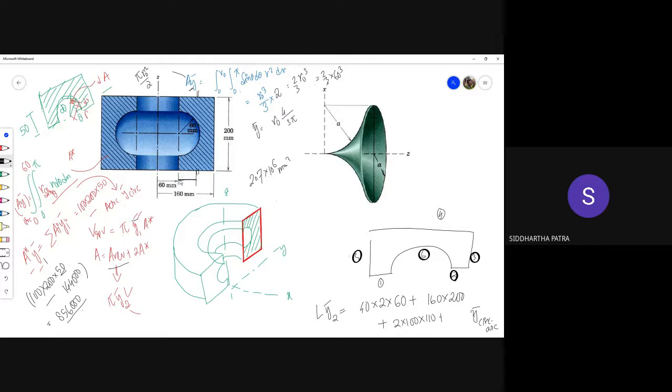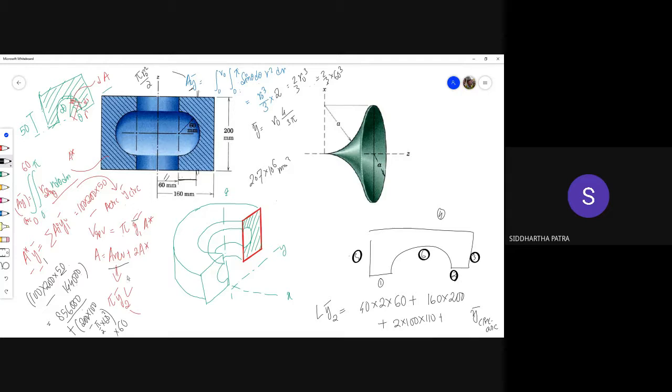What you need to do is, in addition to this, you need to add how much is this? 200 times 100 minus pi by 2 times 60 squared, this area, times 60. That is this distance, just to take the distance from z axis.